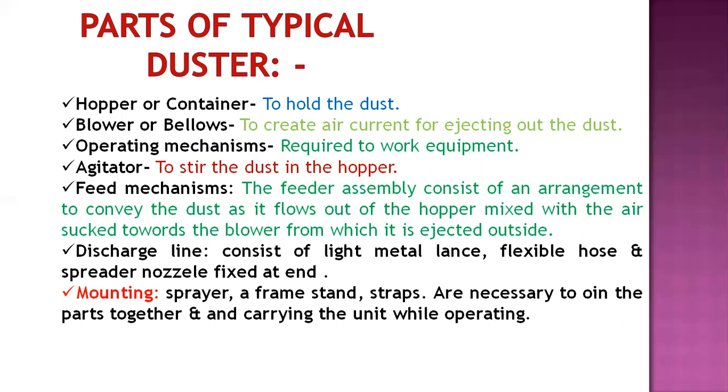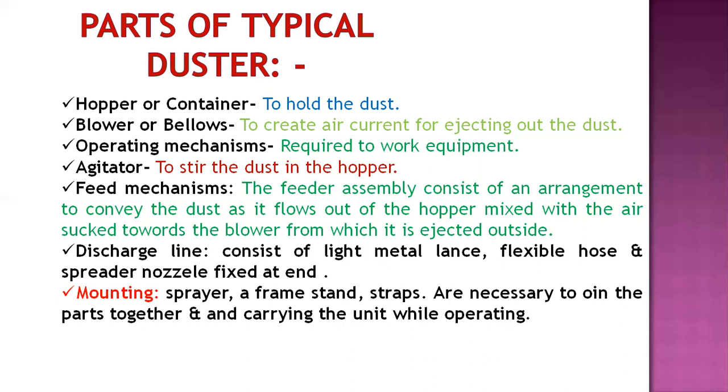The operating mechanism is required to operate the equipment. It consists of a system of gears or cogged wheels enclosed in boxes, activated by cranking, or by a handle outside with a lever arrangement or a pump mechanism.